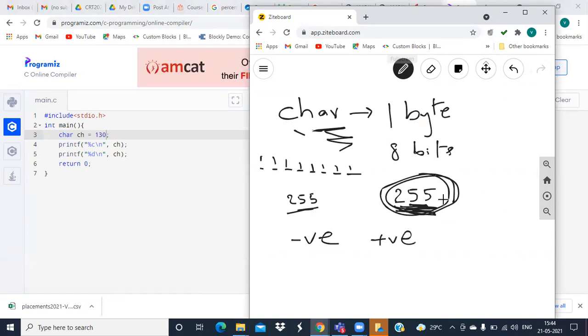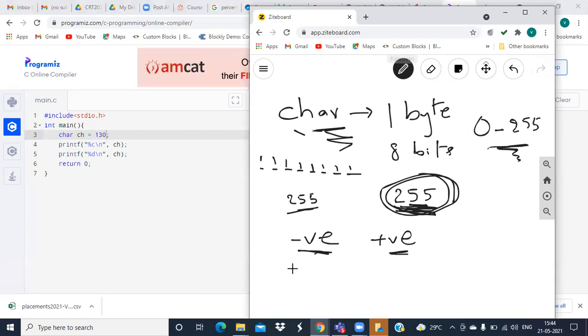The range 0 to 255 is the range if you only consider positive numbers, but every data type expects its range to be distributed between positive and negative equally.